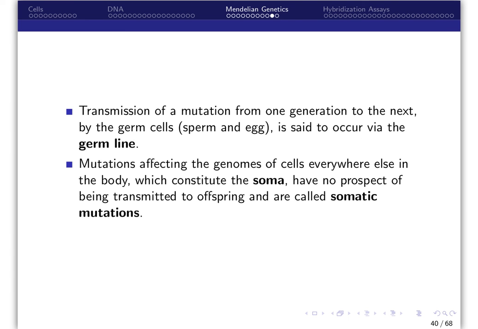Transmission of a mutation from one generation to the next by the germ cells, that is, sperm and egg, is said to occur via the germline. Mutations affecting the genomes of cells everywhere else in the body, which constitute the soma, have no prospect of being transmitted to the offspring and are called somatic mutations.